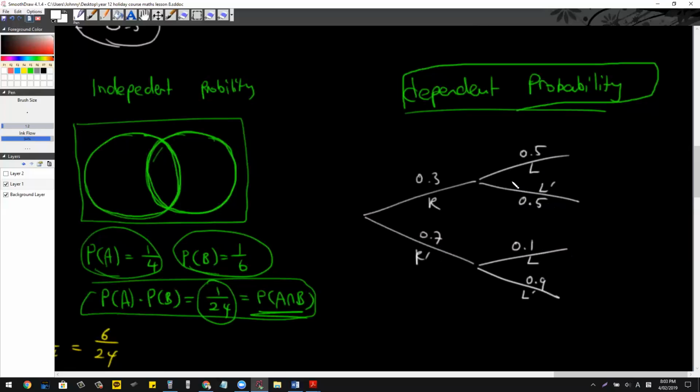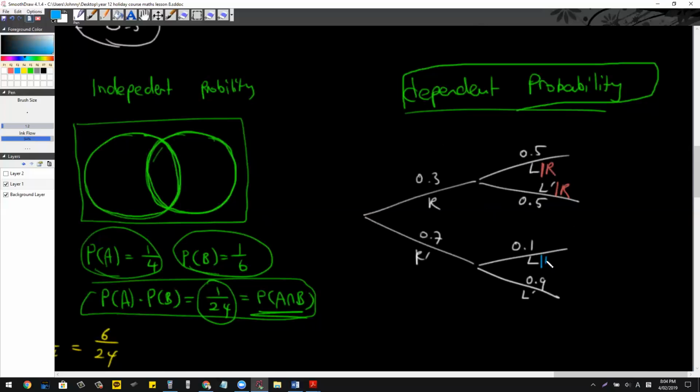So you can see that depending on what your first branch is, the probability of your second branch changes, right? It was 0.5 here before, now it's 0.1. So that's why we put this symbol, L, late, given it is R. Not late, given it is raining.